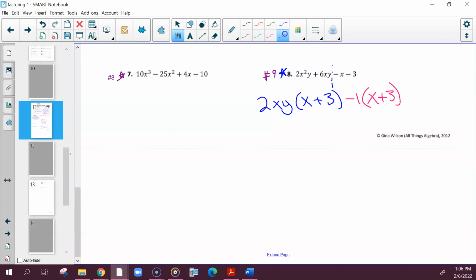In this case, if we just divided out 1, it would not change. And then we have -x minus 3, and that's not what we want. What would our two factors be? 2xy, -1, and x plus 3.